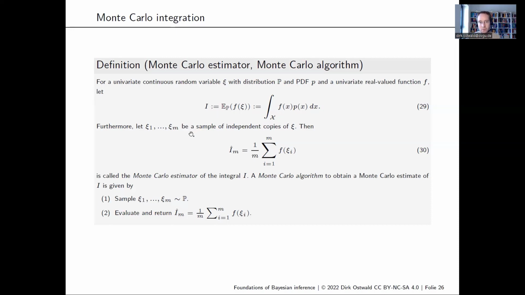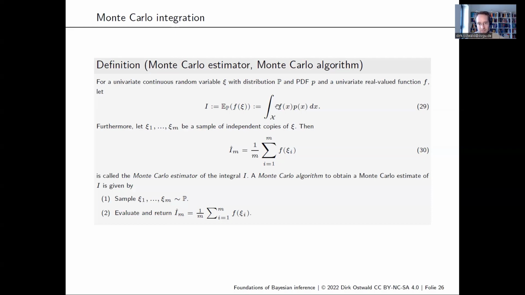Now, if you create independent copies x_i and sample from this distribution P, and maybe put these samples through the function, then you can, of course, compute the sample mean. And you know from undergrad statistics that the sample mean is an estimator for the expected value.